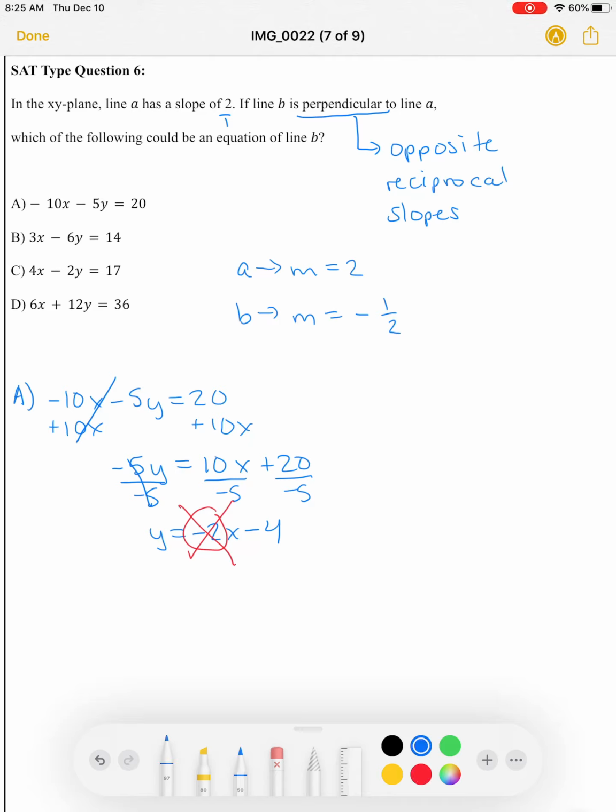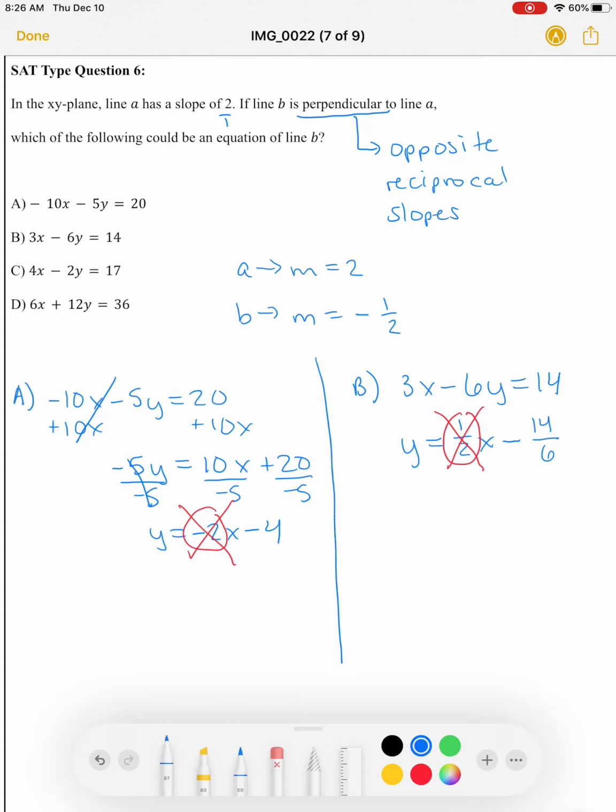If we repeat this process with B, which is 3x minus 6y equals 14, and we wrote that in slope-intercept form, we would have y equals a positive 1/2 x minus 14 over 6. This slope is positive 1/2, which is not negative 1/2.